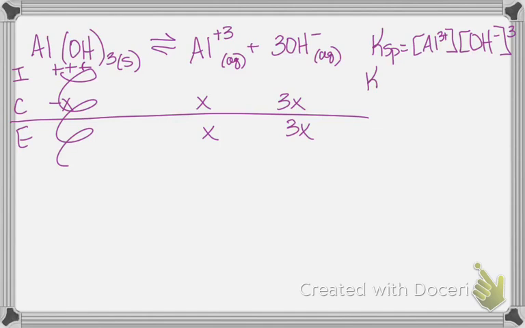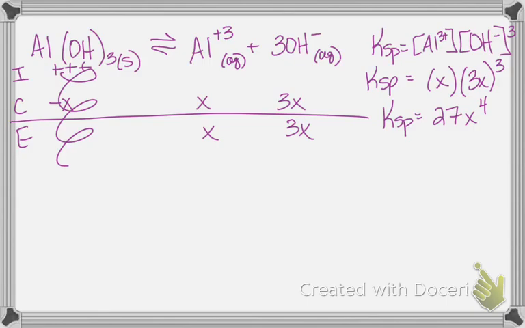And so, see, the aluminum concentration at equilibrium is X. The hydroxide ion concentration is 3 times that, but I still have to cube it. And don't make the mistake of cubing 3 and getting 9. The Ksp is 27X to the 4th, because 3 cubed is 27, and X times X cubed is X to the 4th.